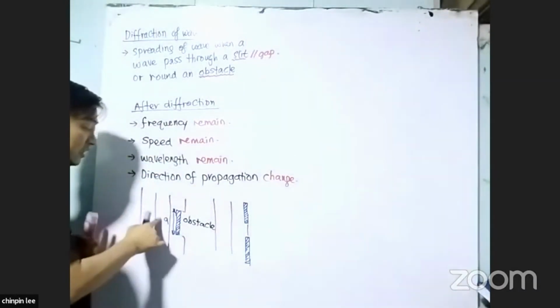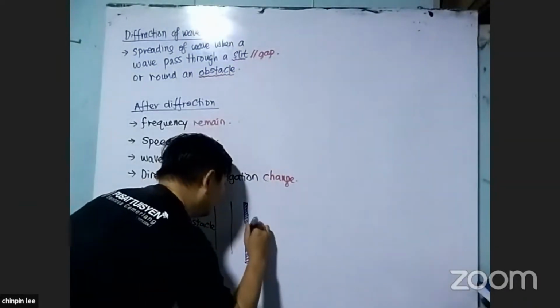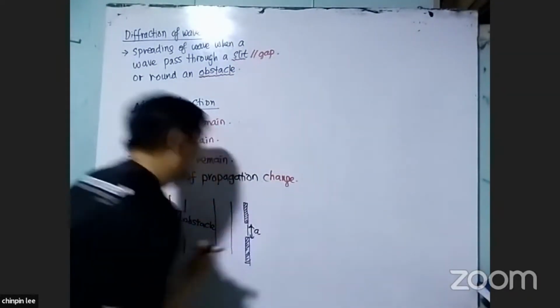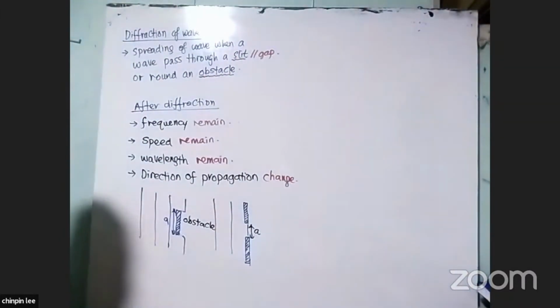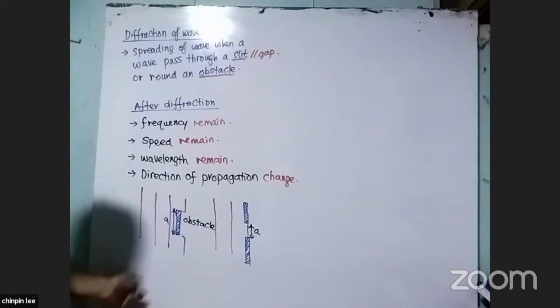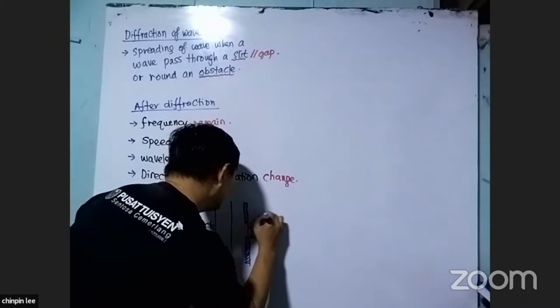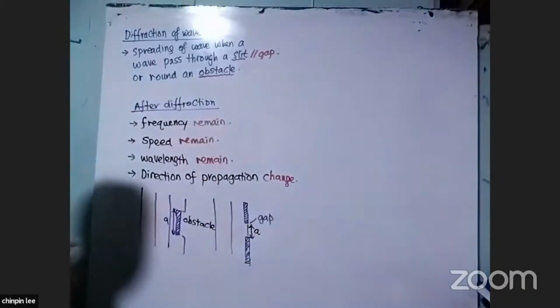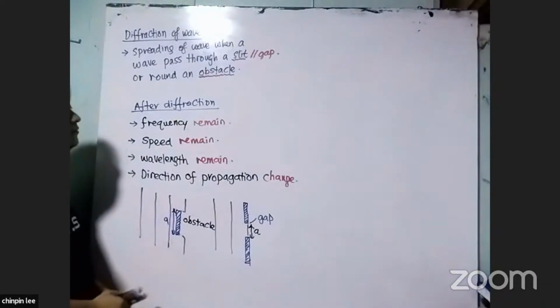The size of the gap, we also name it as A. So this is a slit, or a gap. When the wave passes through, we are going to see.